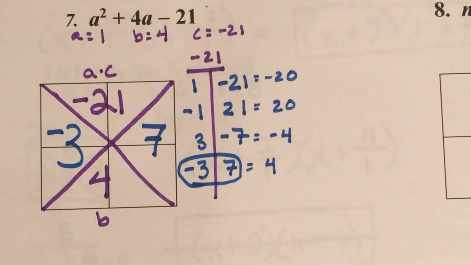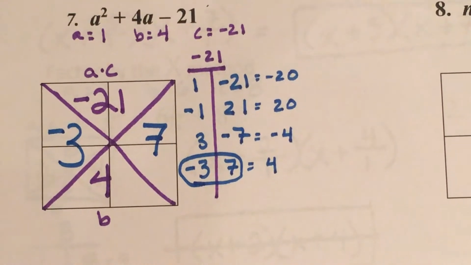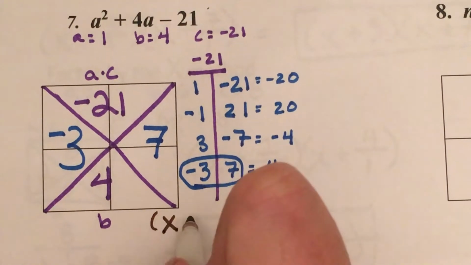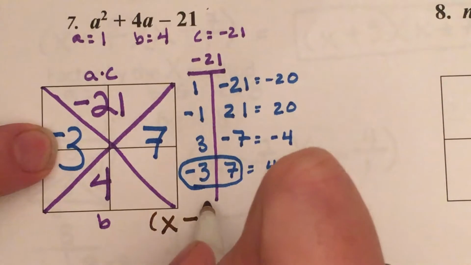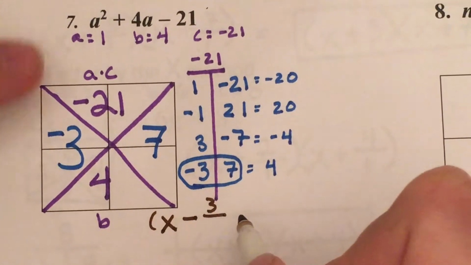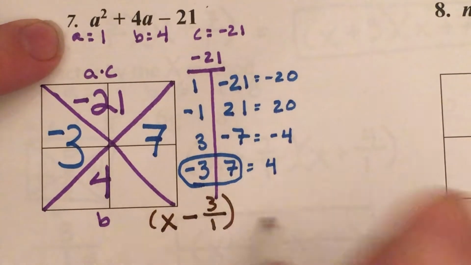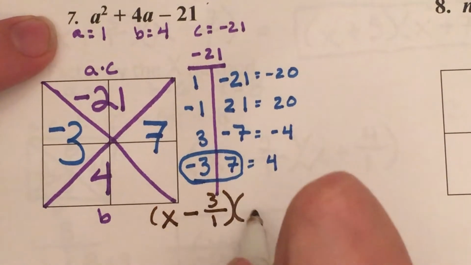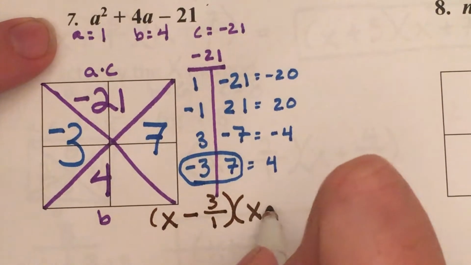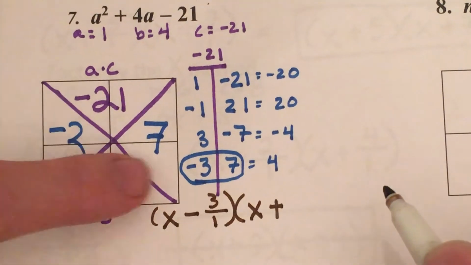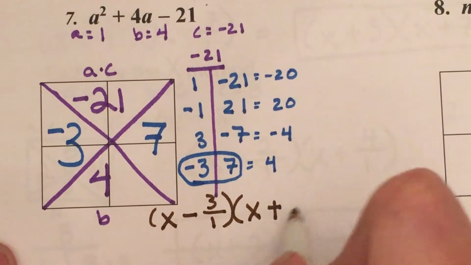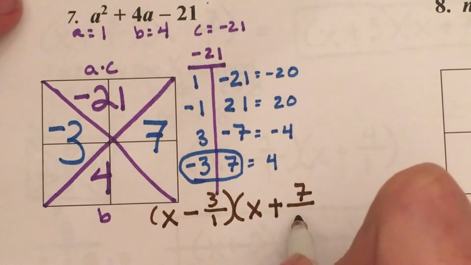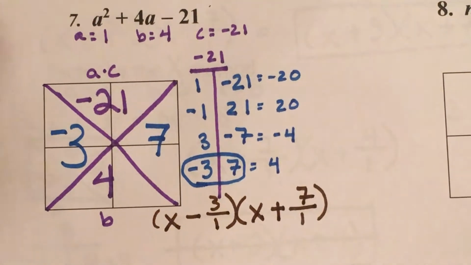All right. Let's go make our sets of binomials to finish this off. So we've got x minus 3 divided by a, which has a value of 1, times x plus 7 divided by a, which again has a value of 1.